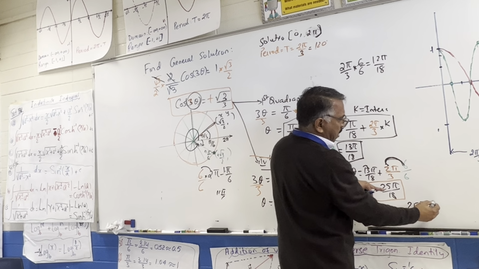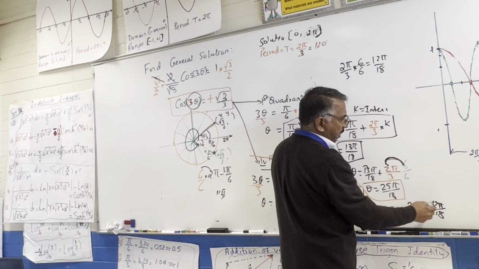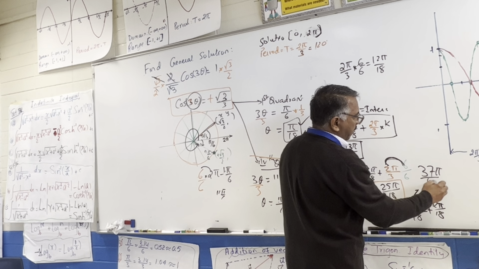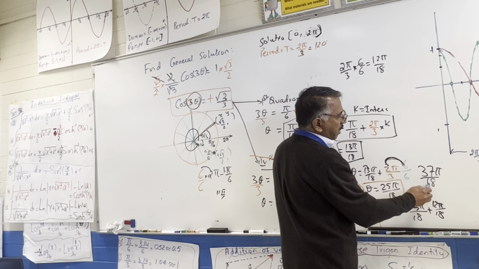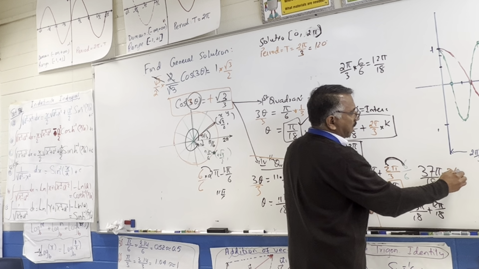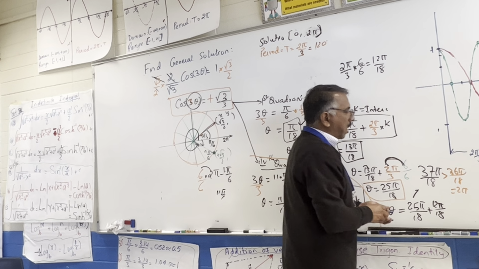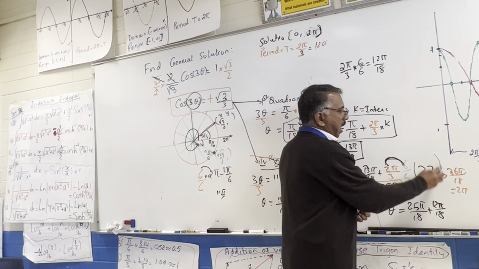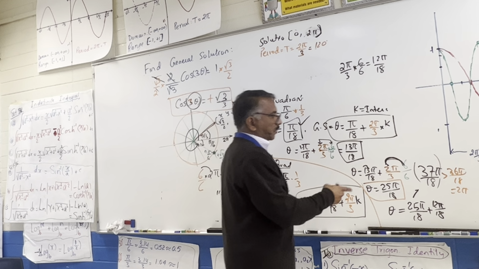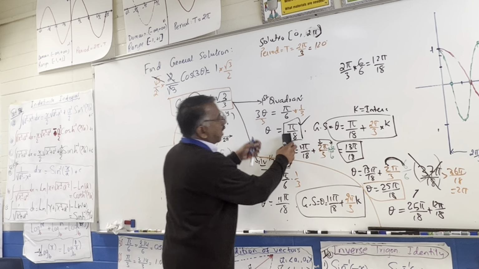So you're just adding 12 pi by 18 and you get 25 plus 12, this is 37 pi by 18. Clearly 2 times 18 is 36. This is greater than 36 pi divided by 18, which is 2 pi. And you cannot have an angle which is greater than 2 pi. So we can't take that. So this is out. Now, this is taken care of, the first part.